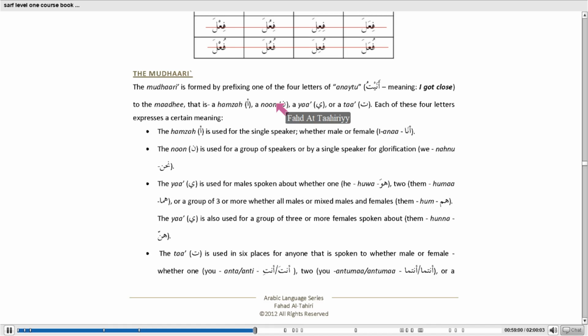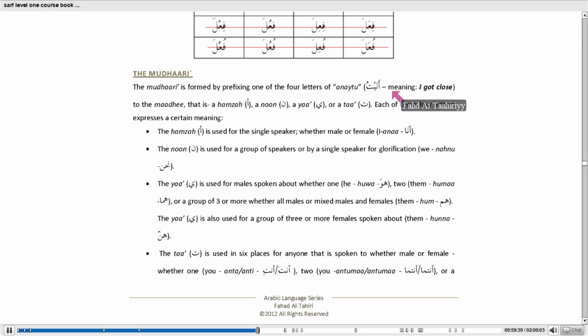Okay, now the mudari'. We knew the madi. Now the mudari' is formed by prefixing one of the 4 letters of this word to the madi. They gathered it into this word to make it easy for you to memorize: anaitu.